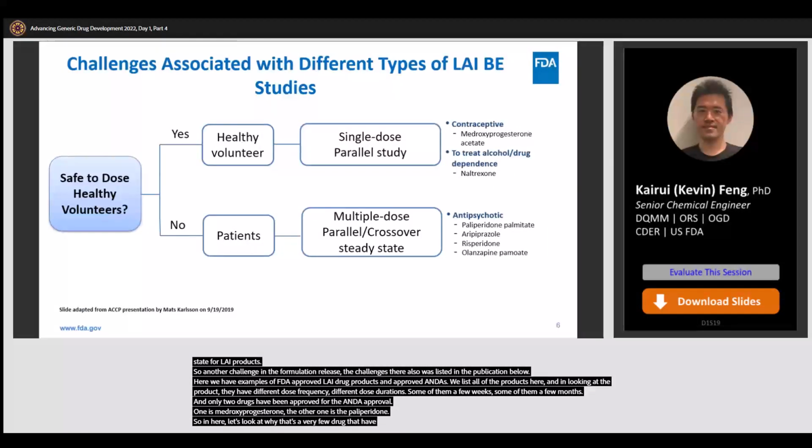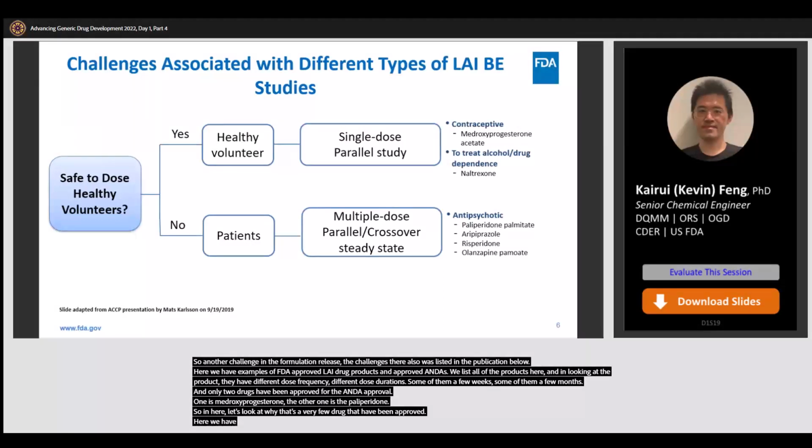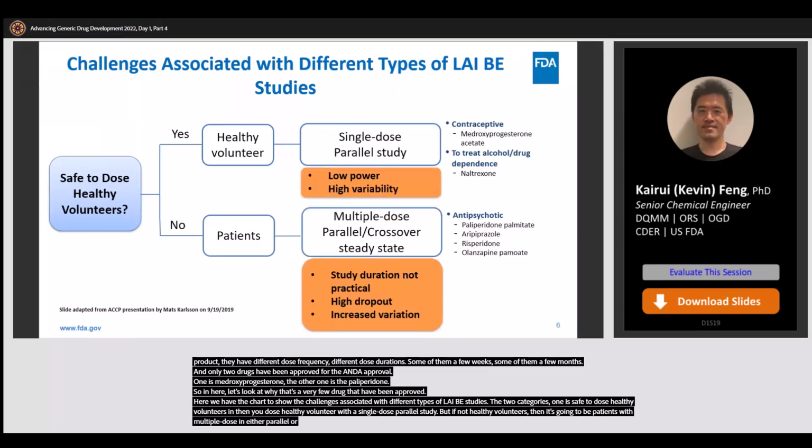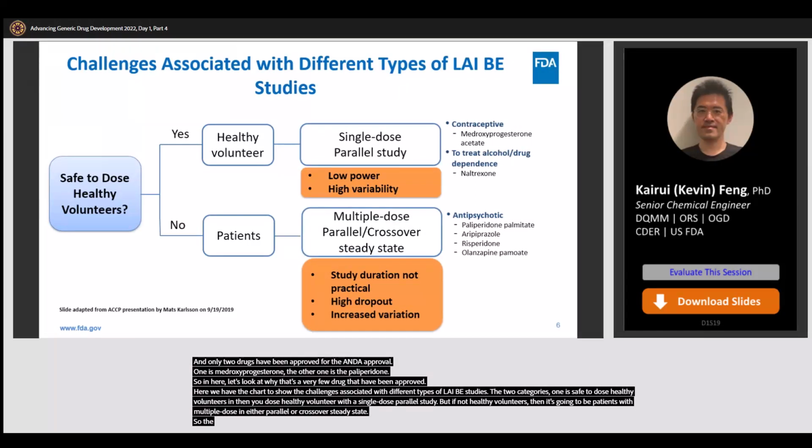Here we have a chart showing the challenges associated with different types of LAI BE studies. There are 2 categories. If it is safe to dose healthy volunteers, then you will dose healthy volunteers in a single-dose parallel study. But if it is not safe to dose healthy volunteers, then it's going to be in patients with multiple doses, in either a parallel or crossover study at steady state. The challenge with the first is lower power because of the parallel study, with higher variabilities.